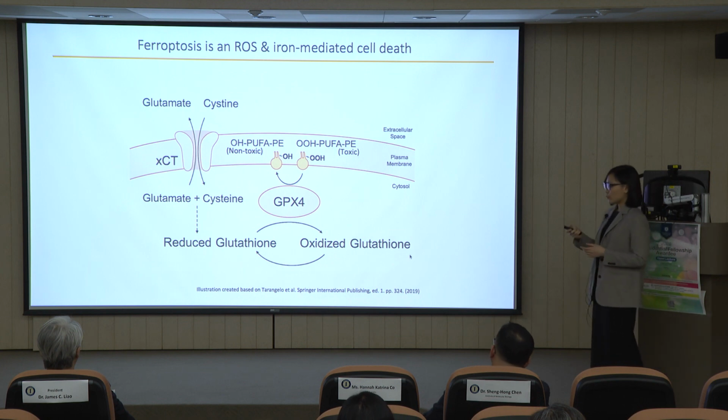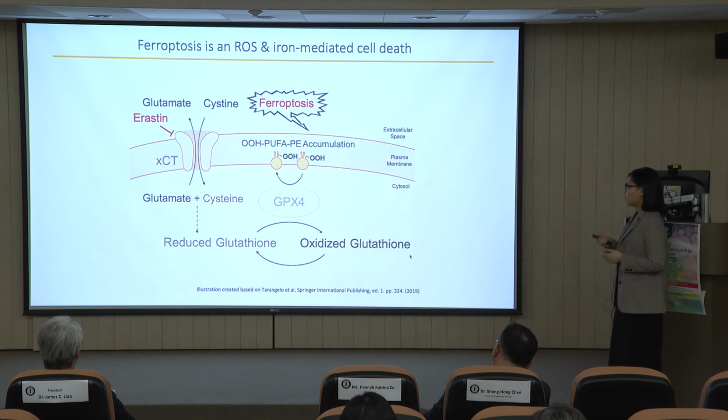So to induce ferroptosis, we are depriving the cells of the nutrient cysteine, and this cysteine is necessary for synthesis of glutathione. And depletion of glutathione leads to accumulation of lipid peroxides in the cell membrane, which leads to membrane rupture and eventually ferroptotic cell death.